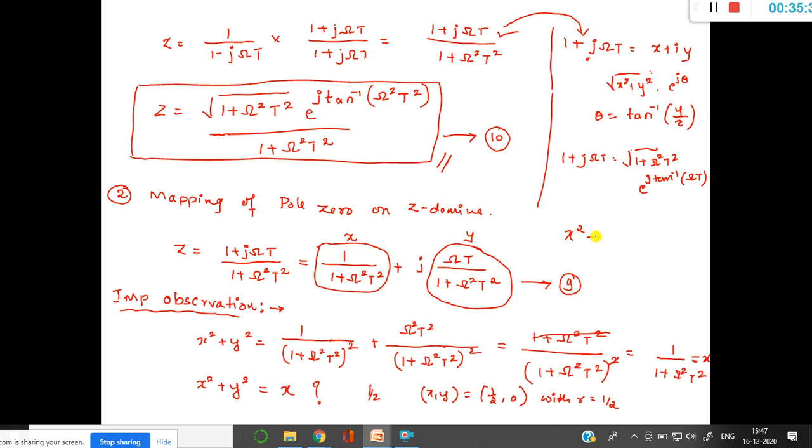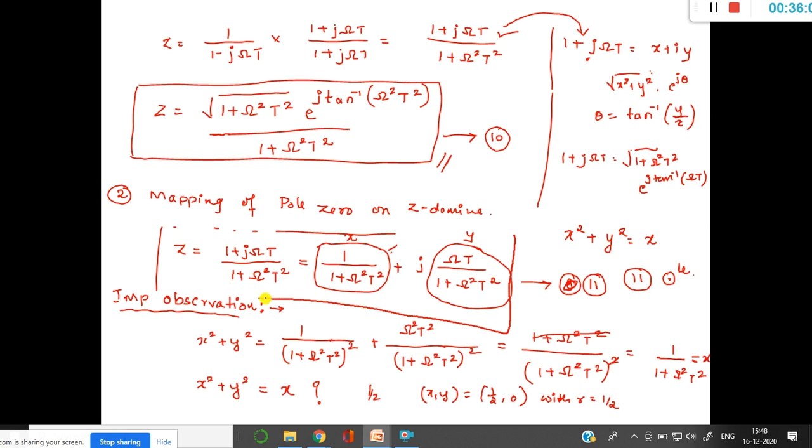If you take x square of that and y square of this, you are again going to get x. This means that equation 11 indicates what? It indicates a circle. So this z is going to give me a circle equation.